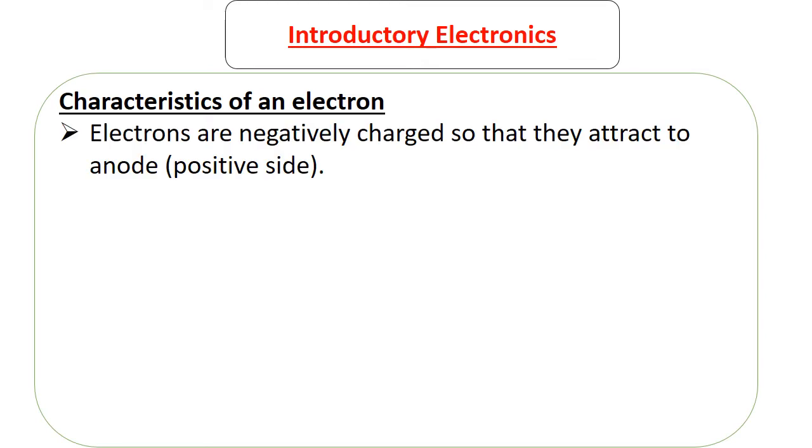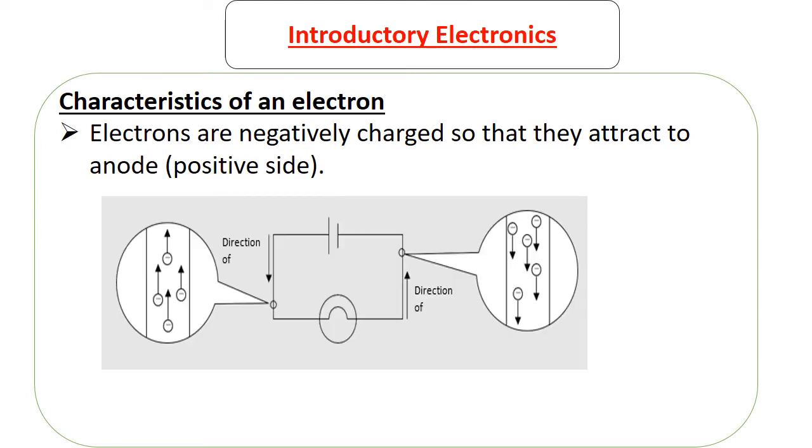Finally, electrons are negatively charged, as we know, so they get attracted to the anode. This is the point I emphasized on why electrons flow from the cathode to the anode.